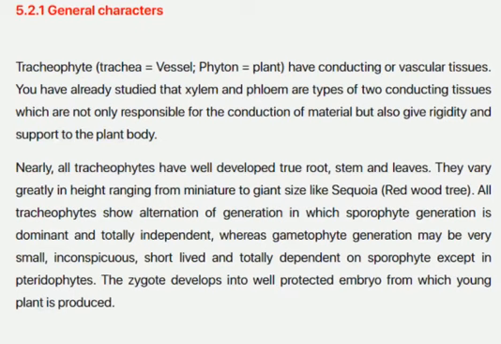What do you mean by rigidity and support? Rigidity is the straightness and erectness of the plant, which occurs due to the presence of water in all the cells of the plant. The plant cell becomes so tight or turgid, which produces the rigidity.